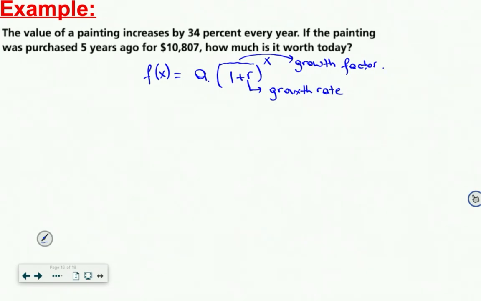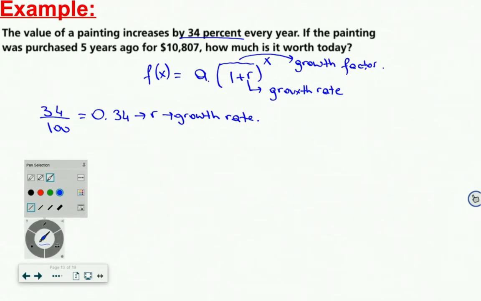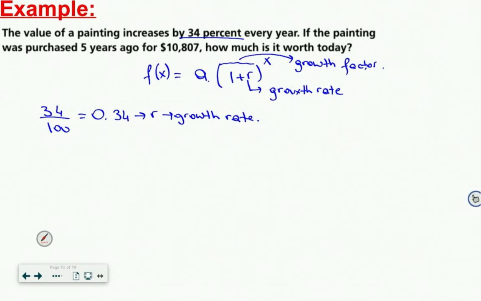Can you please tell me, here, what is the growth rate? 34%. 34% means 34 over 100, which is 0.34. This is r, which is the growth rate. 5 years ago, we are going to take this as the initial time, which means that 5 years ago, the initial value was a equals 10,807.